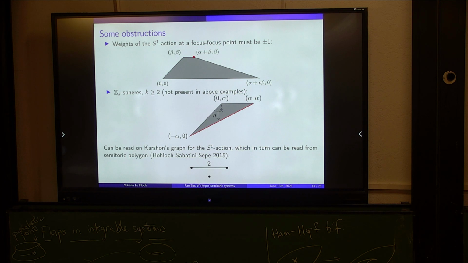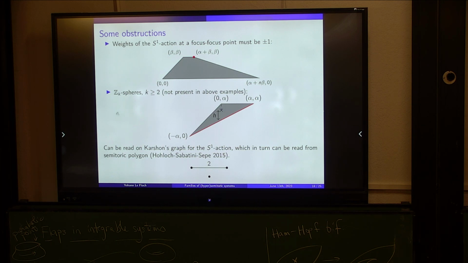Another obstruction is of a similar flavor, actually. It's these famous ZK spheres that Joey talked about. So, as he said, the ZK spheres, so the spheres of points with isotropy ZK for the Hamiltonian S1 space, in a semitoric system, their image in the momentum map image has to lie on the boundary.